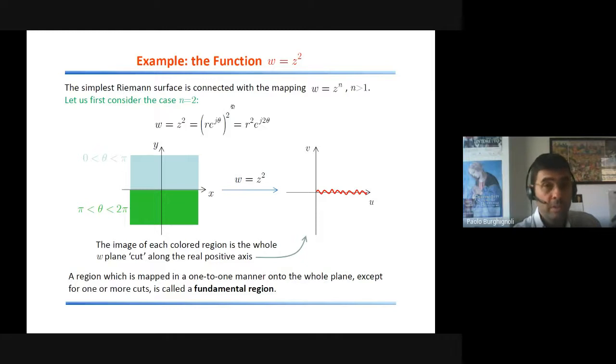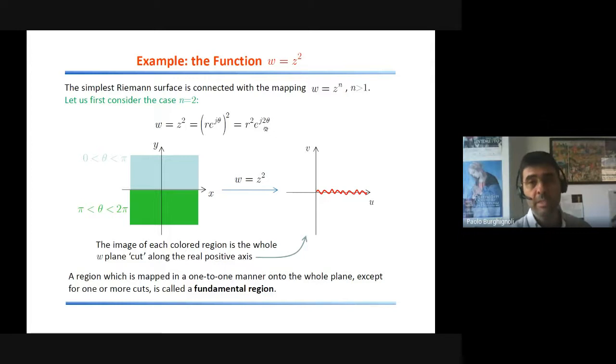For example, in the case n equal 2, if you adopt a polar representation of the complex number z, so r, the absolute value, and theta, its argument, by squaring, you end up with a complex number w, whose absolute value is r squared, so it's the absolute value of z squared, whereas the argument is the argument of z doubled. That's because here you can see in the exponent we have 2 times theta.